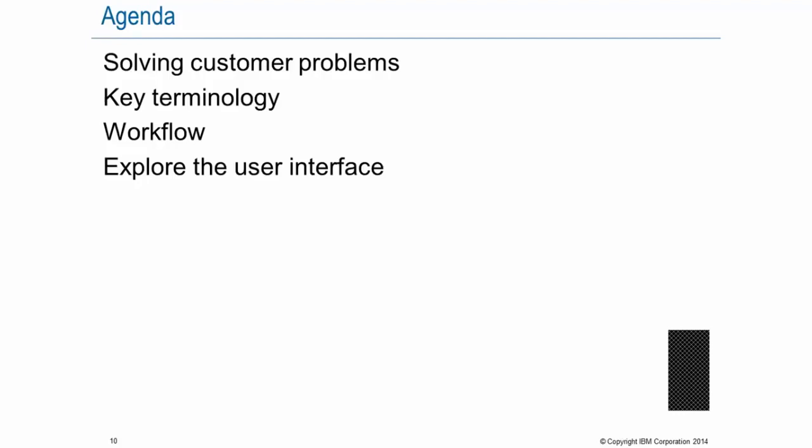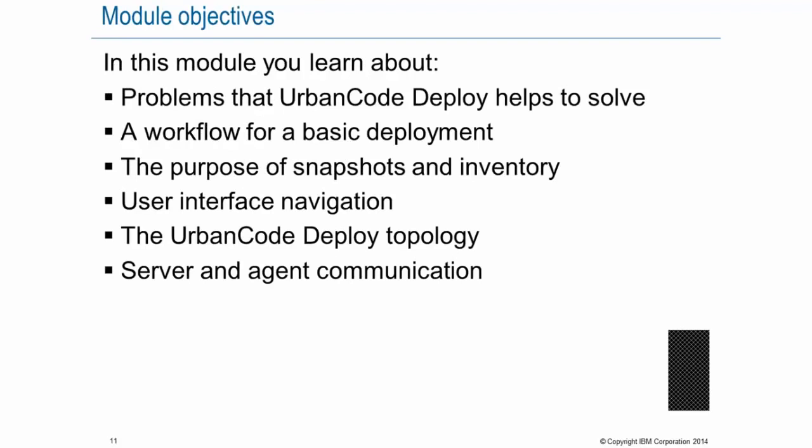Give me the next slide. Slide's not changing. Okay. So in this module, we'll talk about the typical problems we see in deployments and how Urbancode Deploy helps solve those problems. We'll talk about the basic workflow to set up for deployment.